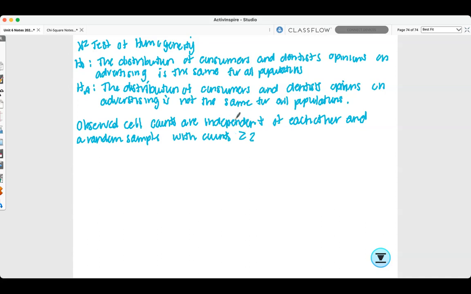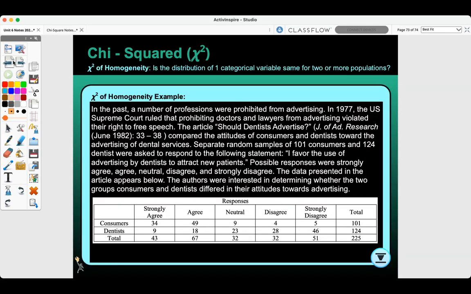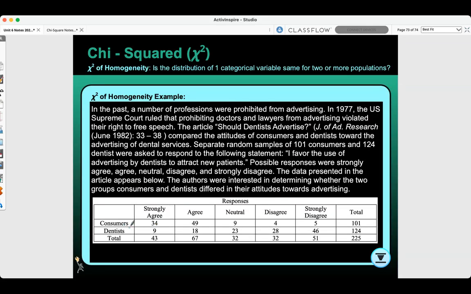All expected counts are greater than or equal to 5, so we need to go ahead and check that. So going back to our example, we would do the same thing. So for consumers and strongly agree, it would be 101 times 43, all over 225.